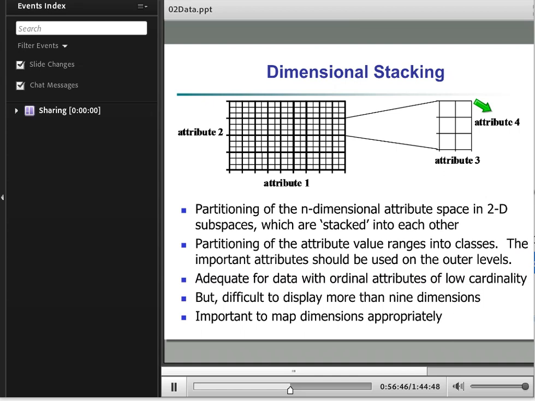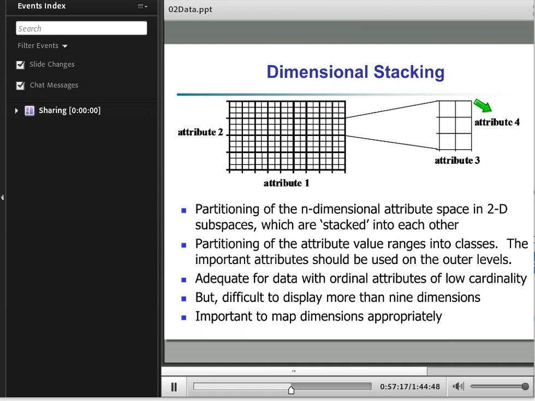We say they are stacked into each other. They are put on each other. You can go through these levels, going down to this level to find a different relation between attributes.